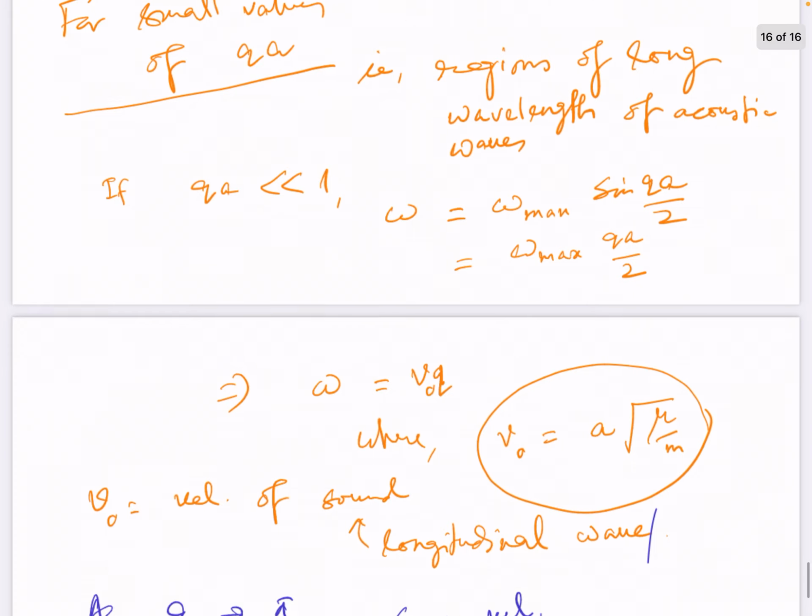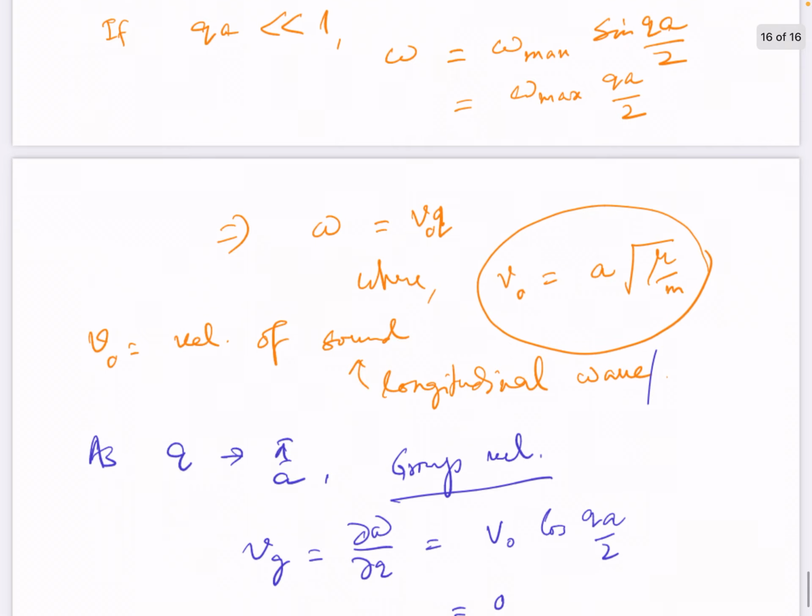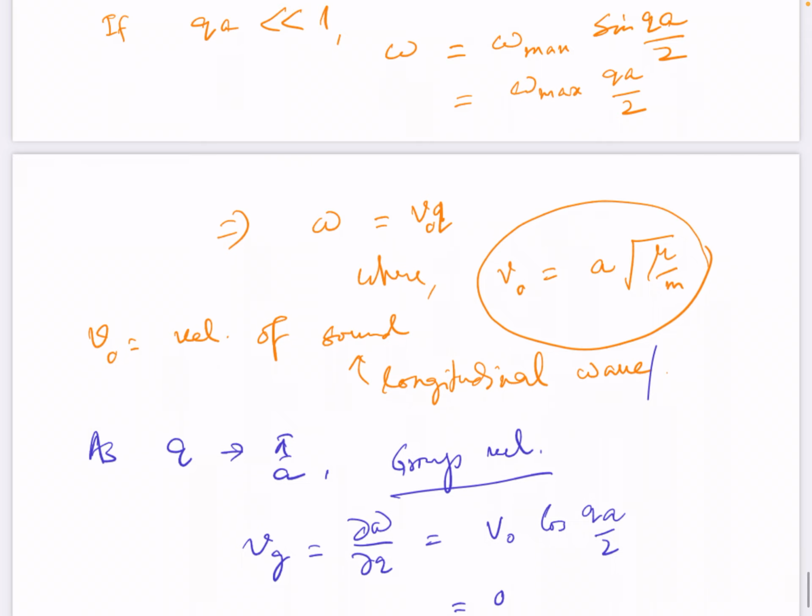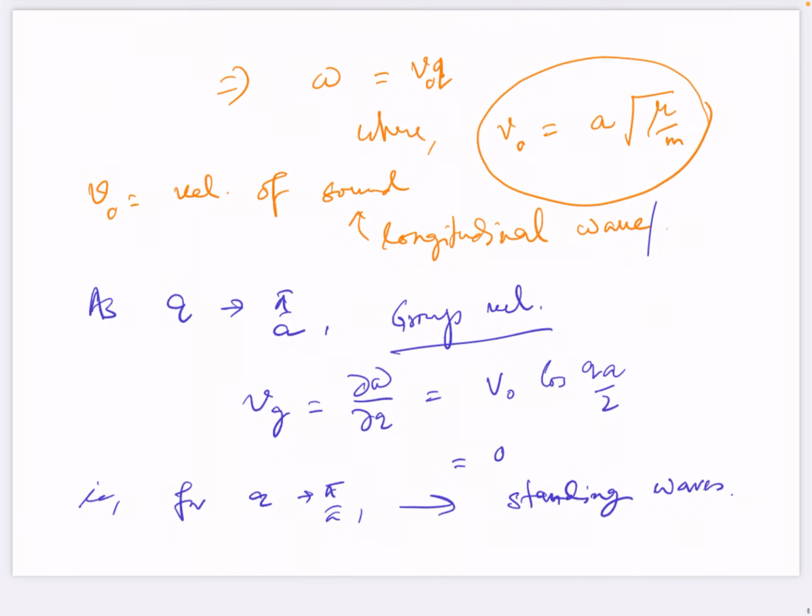From that we can find the velocity of this acoustic wave in the long wavelength range, which is a times root over mu by m, which we get from the omega max value.